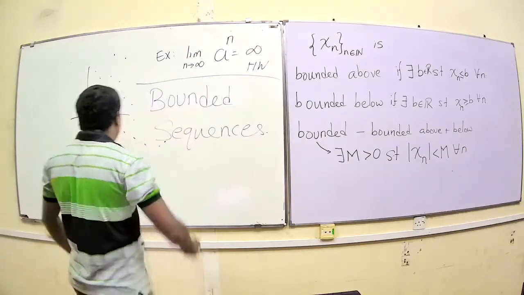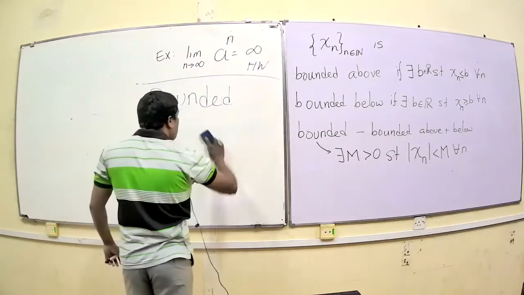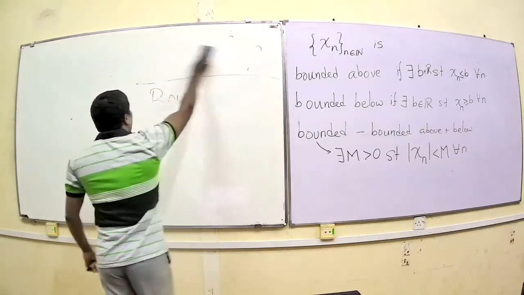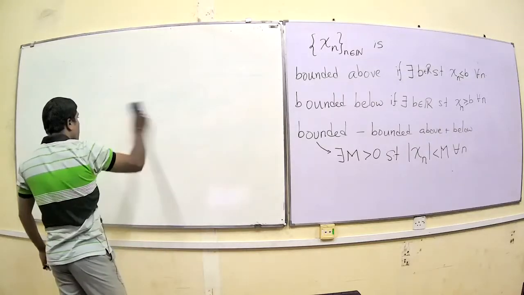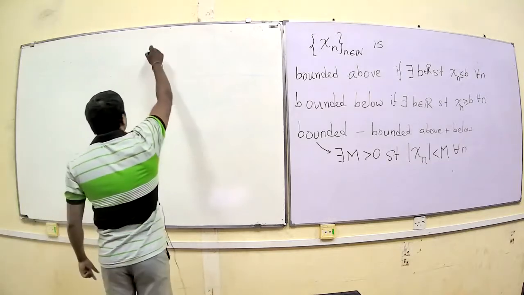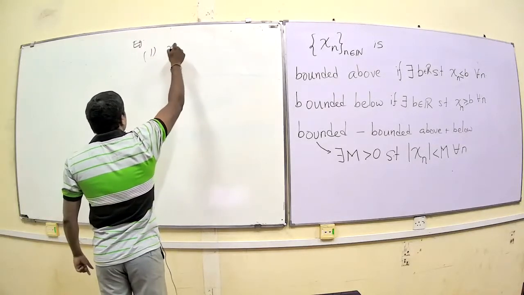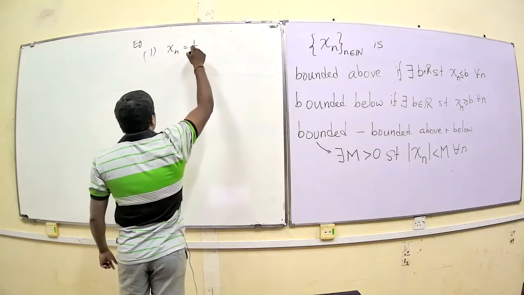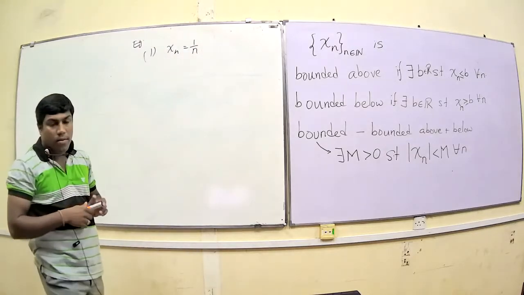So let me write down a few examples. Example one, of the sequences we did: 1 upon n.